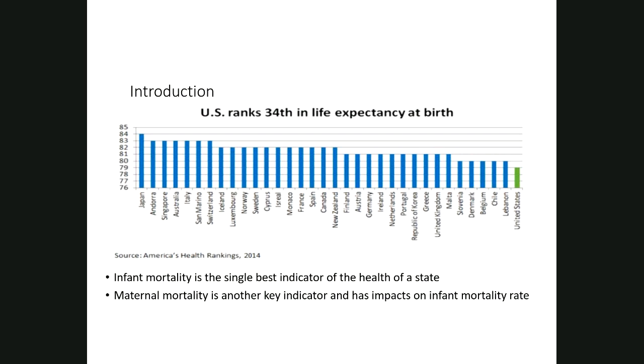Good morning, everyone. I think that this is a perfect introduction slide because it shows where the U.S. stands compared to other countries as far as life expectancy at birth, which should surprise all of us because the U.S. performs poorly on most measures of health compared to other high-income countries, but we spend the most healthcare dollars compared to other high-income countries.